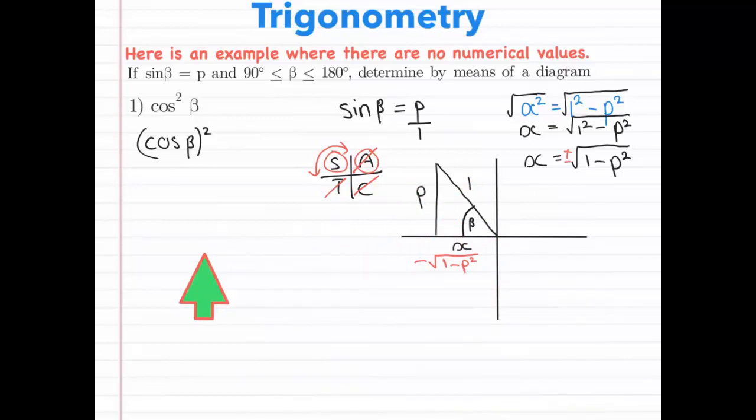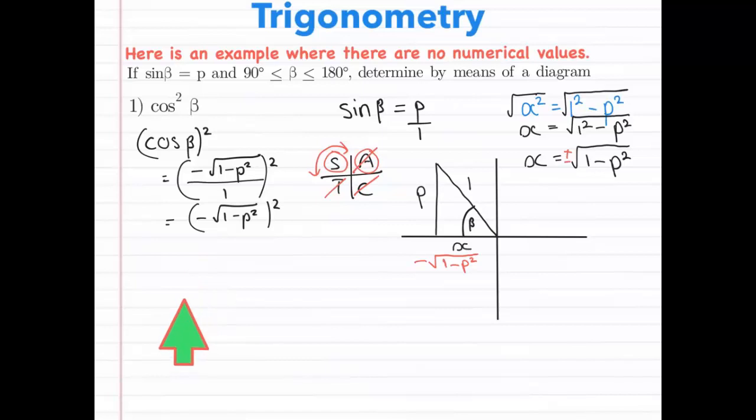So that will basically equal to, what is my adjacent? It's minus the square root of 1 minus p squared over 1, which is then put in brackets, right? And that is exactly the same as minus the square root of 1 minus p squared in brackets squared.